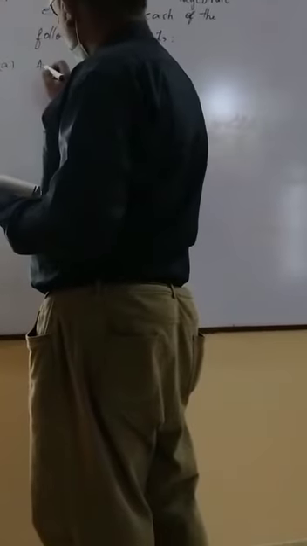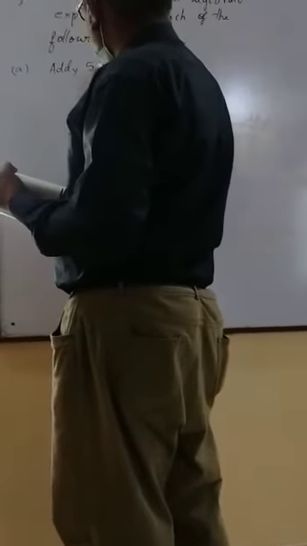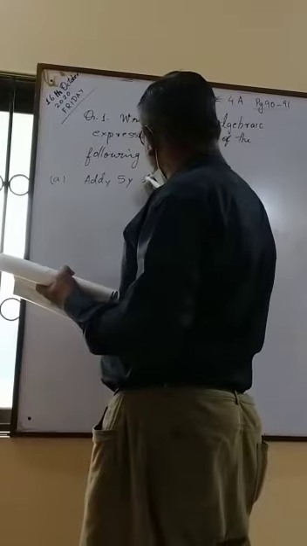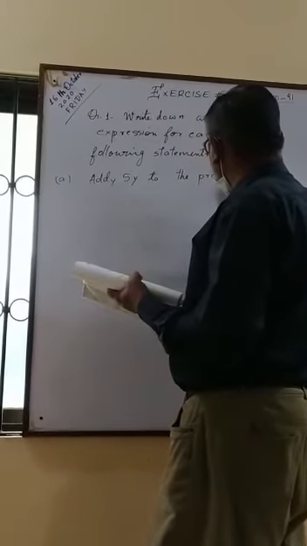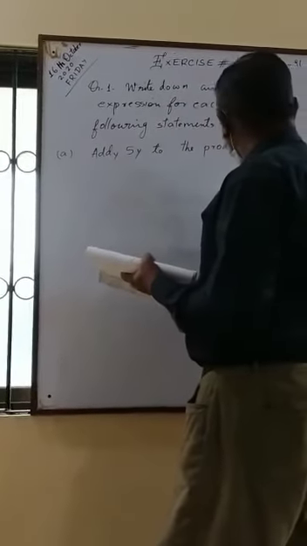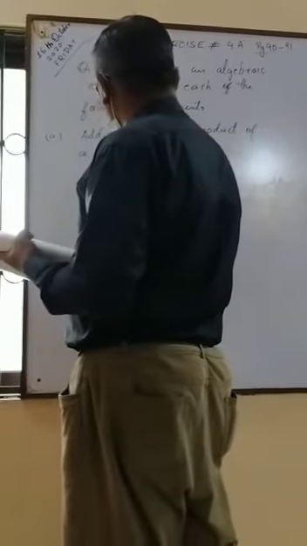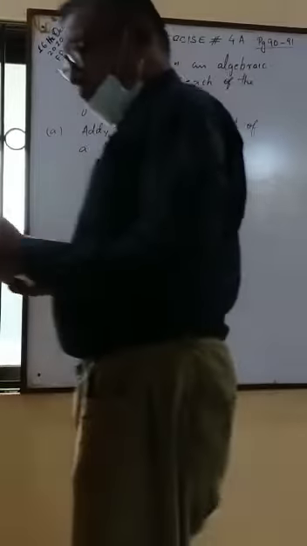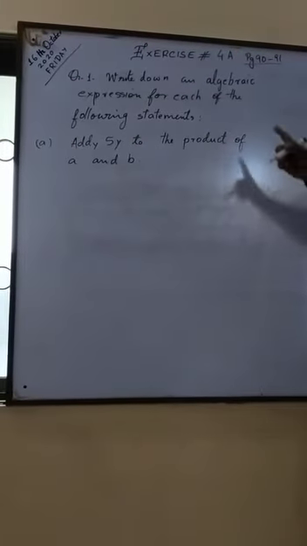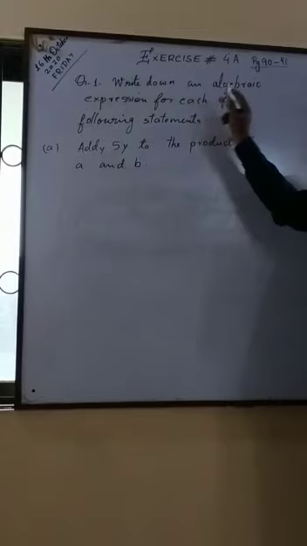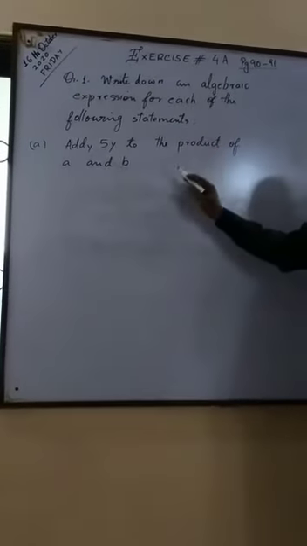This is the question. The first statement is add 5y to the product of A and B. Now in this question we are going to write an algebraic expression for this given statement.